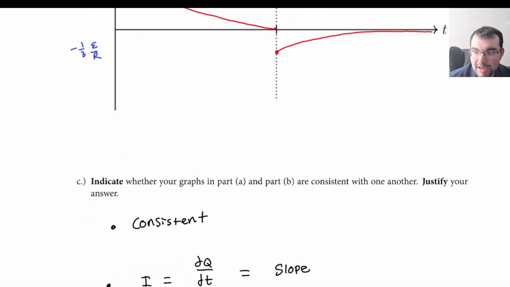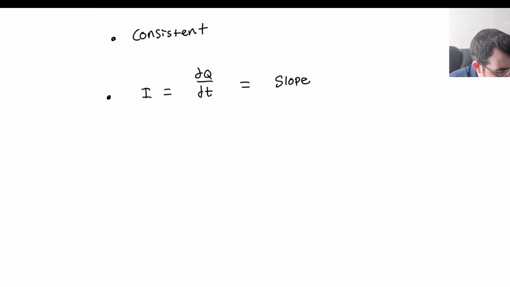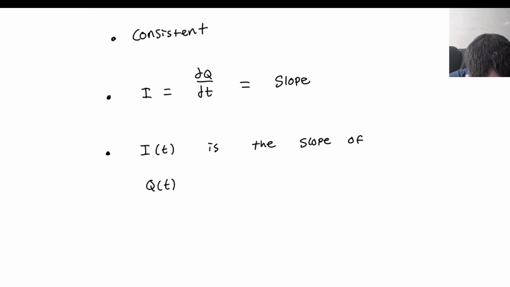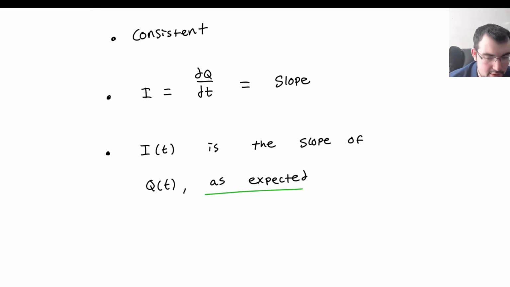Yep, as expected. So yes, because we can see that I of t is the slope of q of t, as expected. So there we go. Took us over an hour, but we got our first "as expected" of the day.